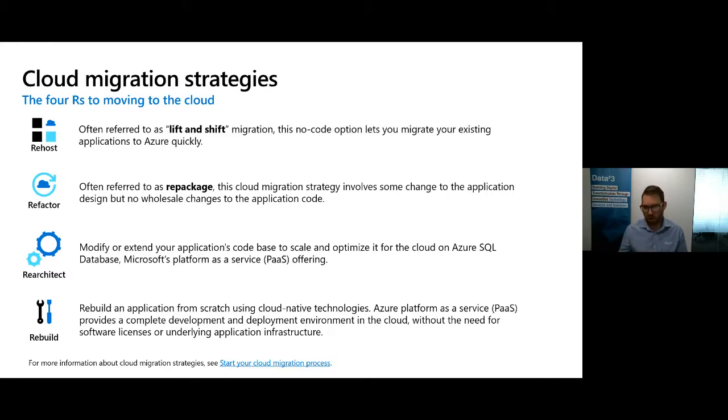Now, depending on which industry analyst report, there are multiple numbers of R's, but for today we'll use 4 R's to help think about moving to the cloud. The first is rehost, which is a lift and shift migration, where we don't make any changes to the underlying application or database, and we're able to take what you're running, say, on premises now, and move that to the cloud and operate as if you're running in your on-premises data center.